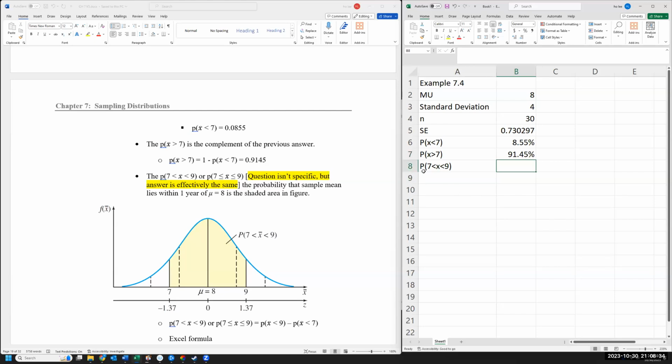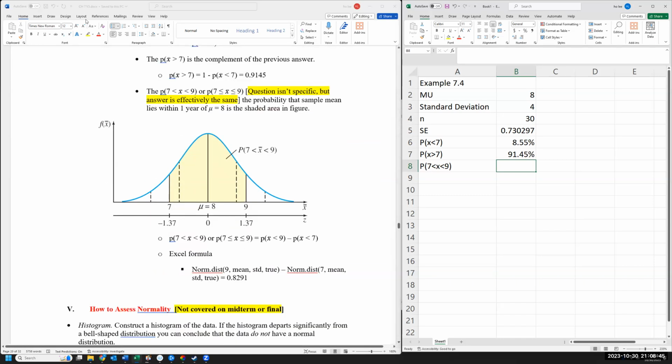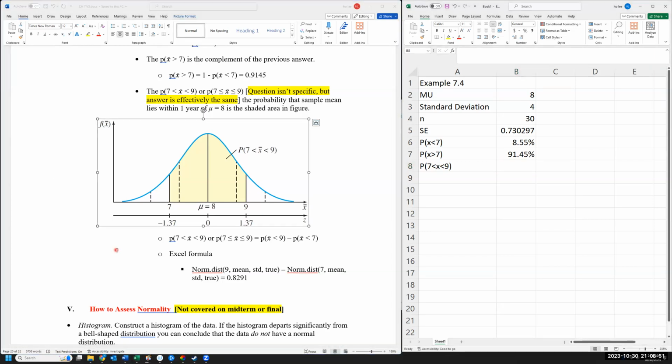Now here, we have to find the probability of x being less than 9 but greater than 7. Visually, this is what it looks like here. We have to find the area of the shaded region, which is cut off between 7 and 9.